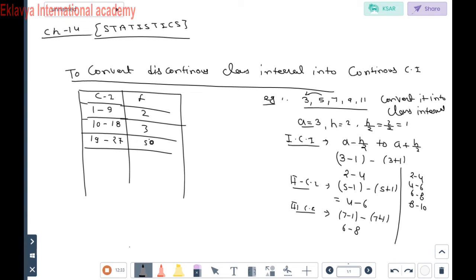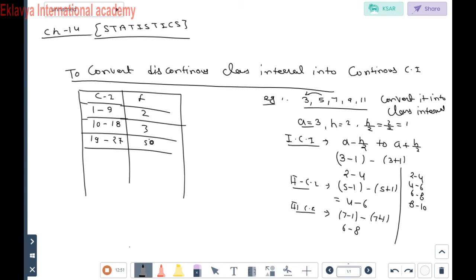So here, students, the class interval is in discontinuous form. First 1 to 9, then 10 to 18, then 19 to 27. If the class interval is given in discontinuous form, then how will we convert it into continuous form?